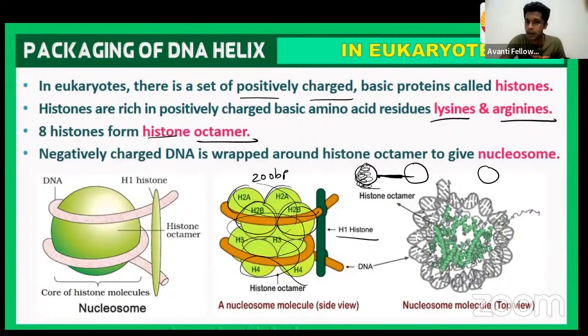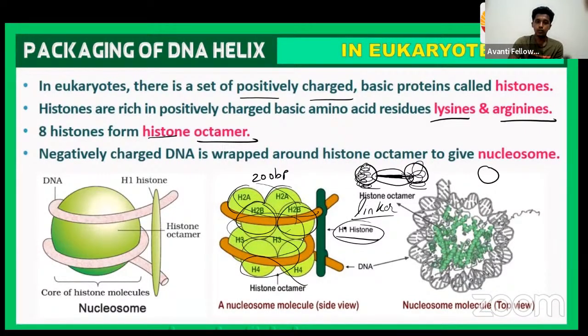After it is complete, you leave a little bit of rope and then start winding again with the next octamer. Similarly, the DNA that is not wound is called linker DNA. This linker DNA is held by H1 histones, so H1 histones hold the DNA between two histone octamers.